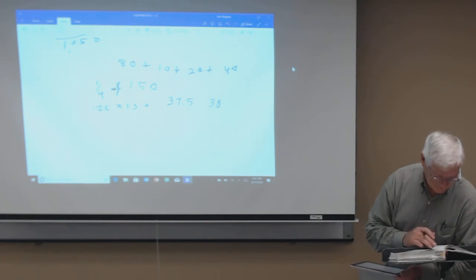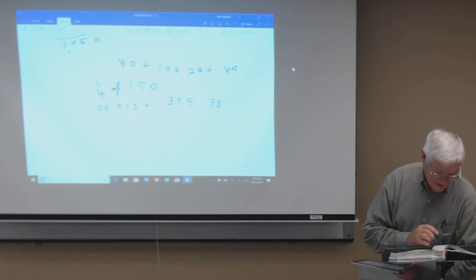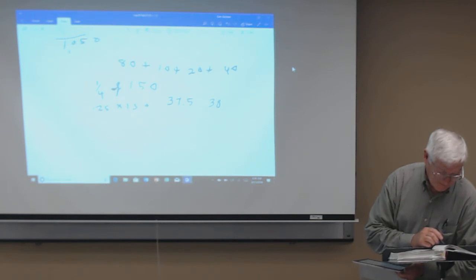Okay, so question A, what's the average salary in current dollars in 1970 and 71? The average salary, bottom line, 1970, 71, in current dollars.